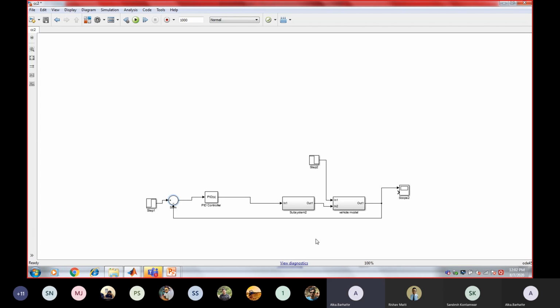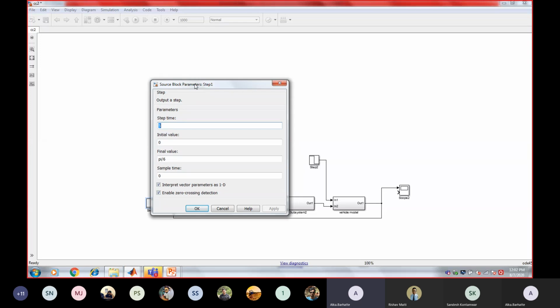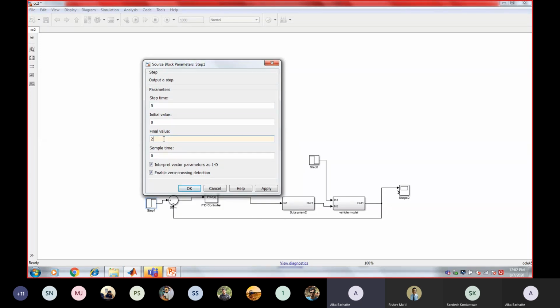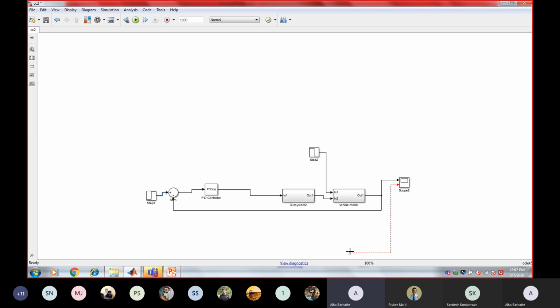I think we finished with this. Now we need to change only this one. The final value expected is 20. I'll connect that second input to the scope as the reference point. Now this has been saved.